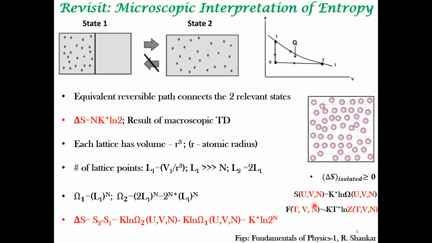So given a macroscopic state, there are numerous microscopic states that are equivalent in the sense that for all those microscopic states, temperature, volume, and total number of molecules is the same. And entropy is interpreted via this degeneracy.